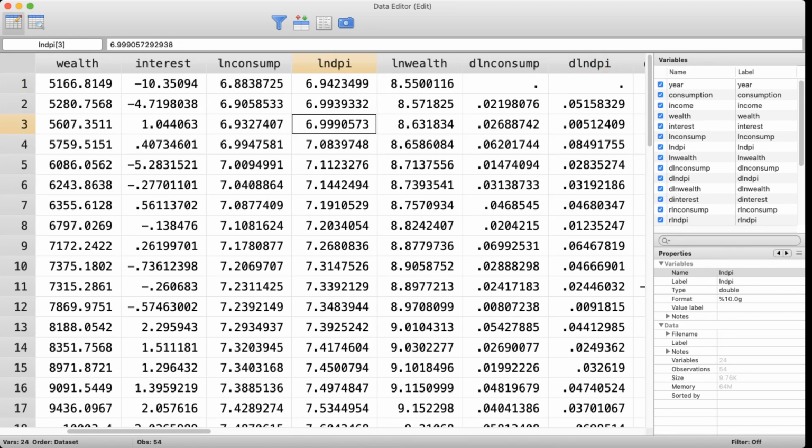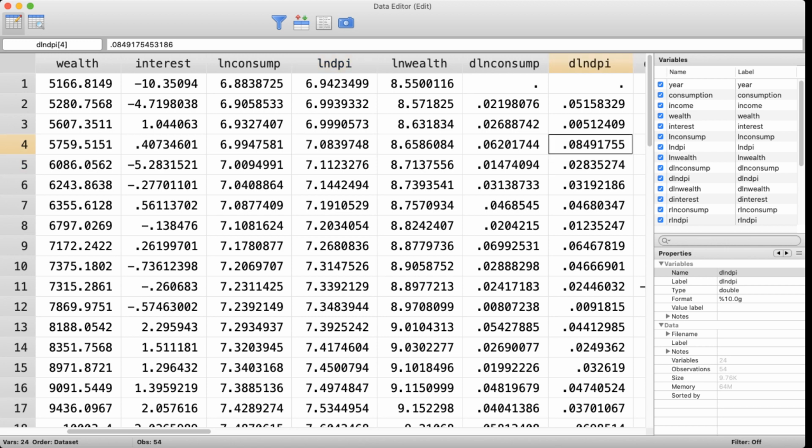Here again it is 6.999, here 6.993. If I take a difference, it is going to be 0.005. The next period is 7.083 and it is 6.999. So if I take a difference, it is going to be 0.005.